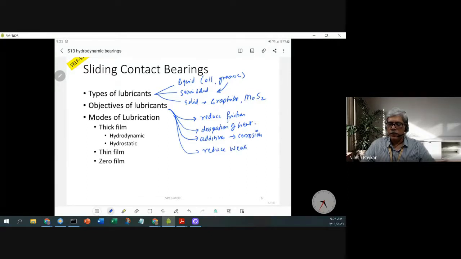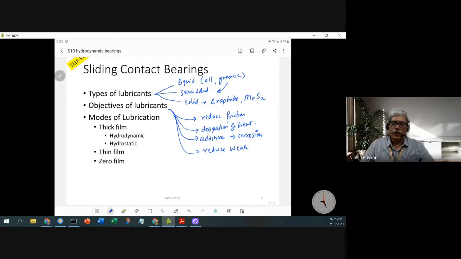The foreign particles which may enter into the system will be trapped and removed while the lubricant is moving out. So those are some of the additional advantages that the lubricant serves. So as you can see, lubricant is a key element in the operation of this bearing.